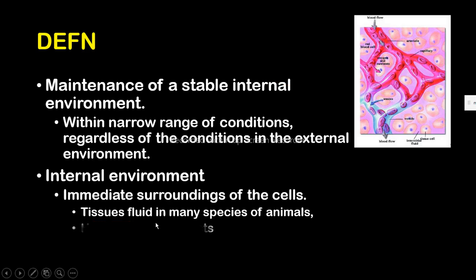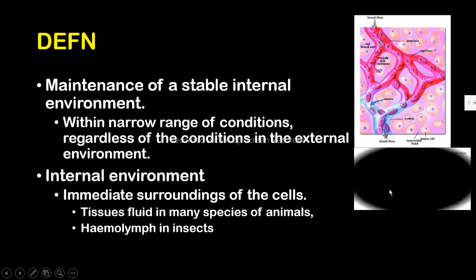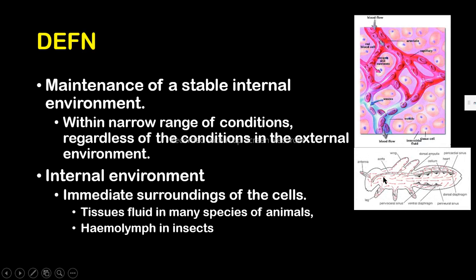Think about why and how. Is there a need? Why should it be so? If you can answer that, then you'll be good. We have hemolymph in insects. It is colorless because it doesn't have hemoglobin, but it saturates the entire body carrying respiratory gases and food.